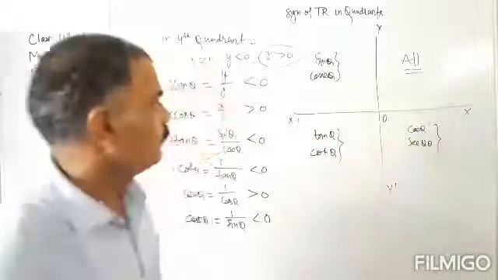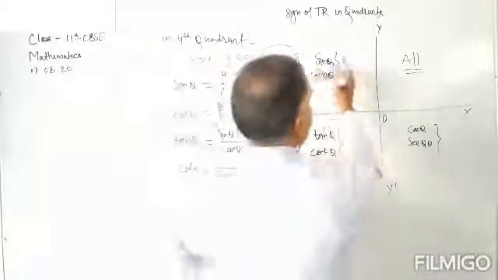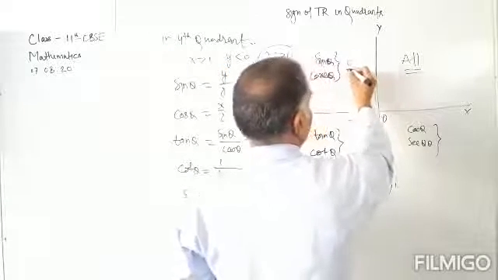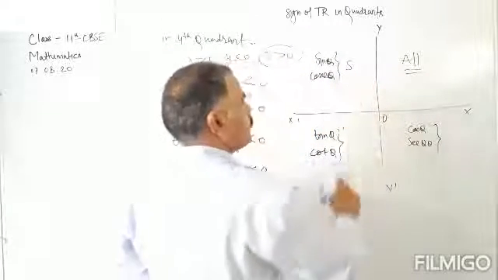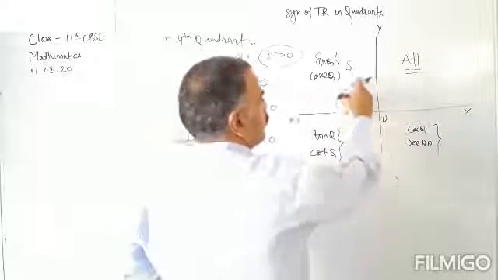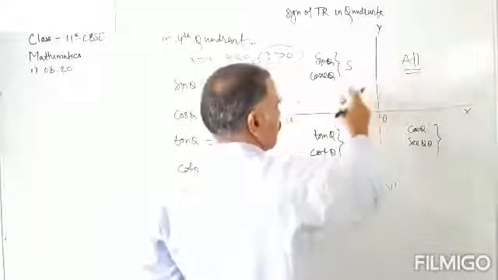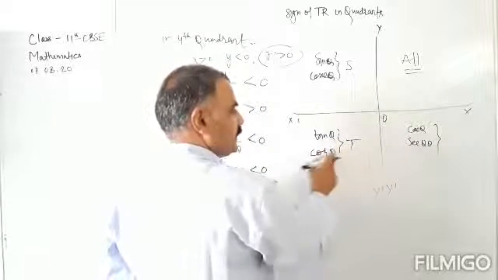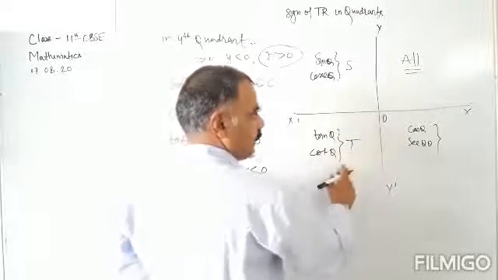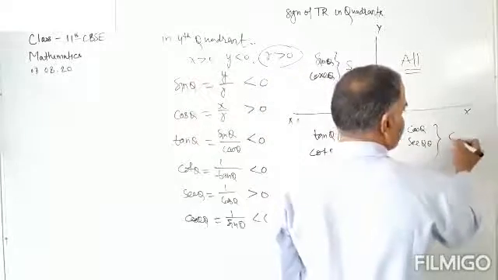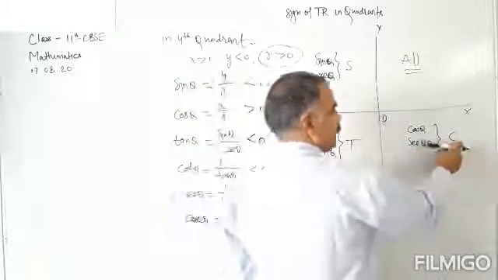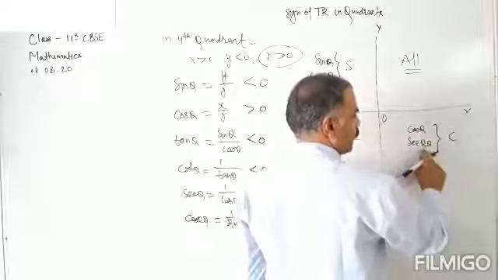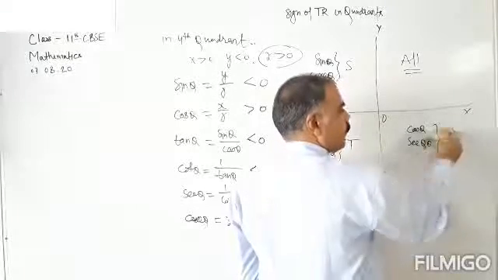So take the symbol S for sine and its reciprocal cosec, for the second quadrant; symbol T means tan and its reciprocal cot for the third quadrant; and symbol C stands for cos and its reciprocal sec in the fourth quadrant.